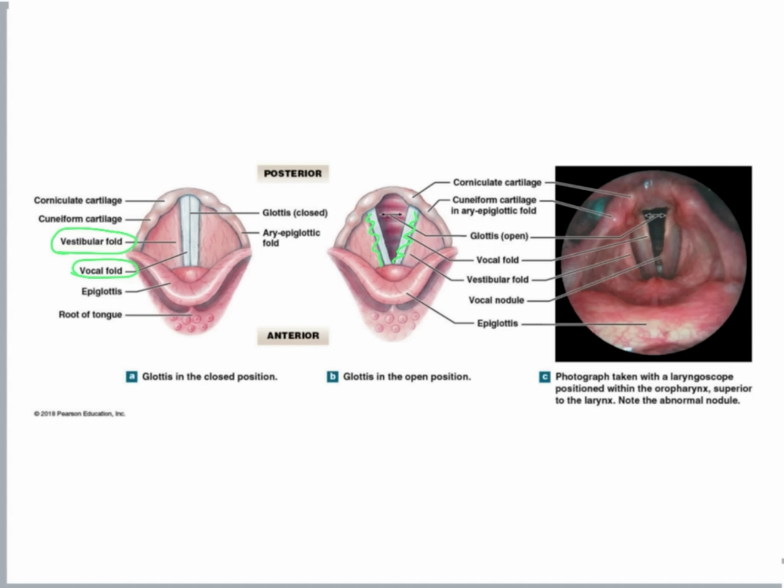And in order to tense or relax these vocal folds, we must have muscles in this area. And these are called the intrinsic laryngeal muscles. So the intrinsic laryngeal muscles regulate the tension in the vocal cords, allowing us to produce deep sounds or high-pitched sounds. And also these intrinsic laryngeal muscles control the opening and closing of our glottis.